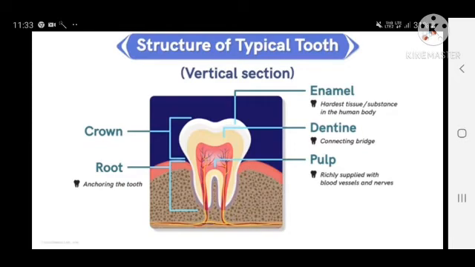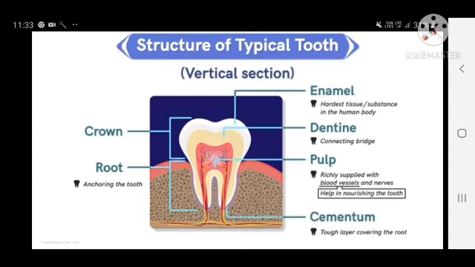Now we have a layer called pulp. That is a soft connective tissue contained in the central space of the tooth, that is in the root. It mainly consists of blood capillaries, lymph vessels and nerve fibers which supply nourishment to the tooth.